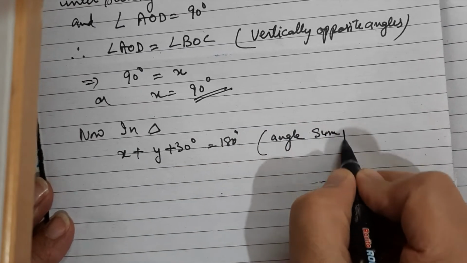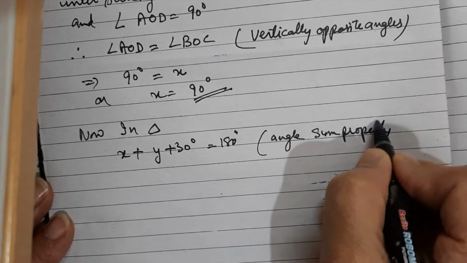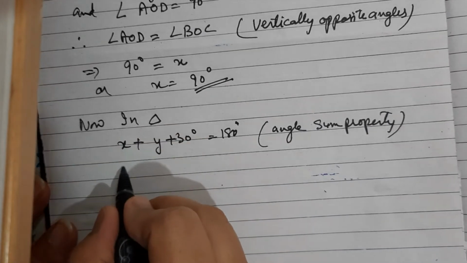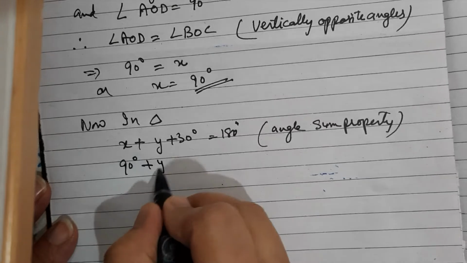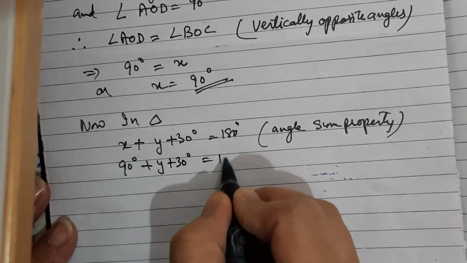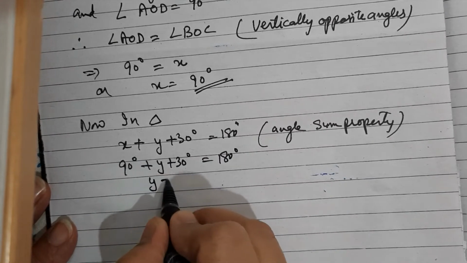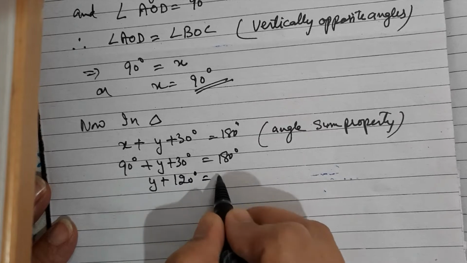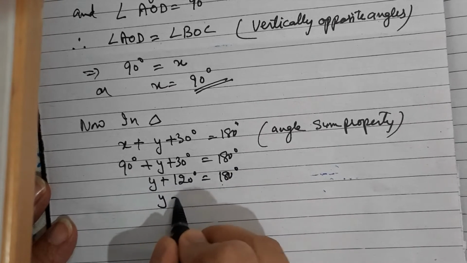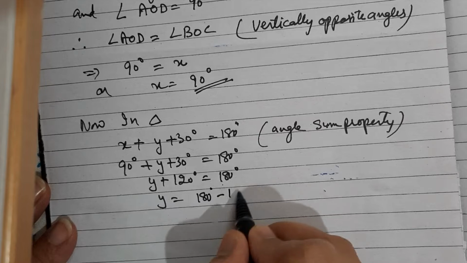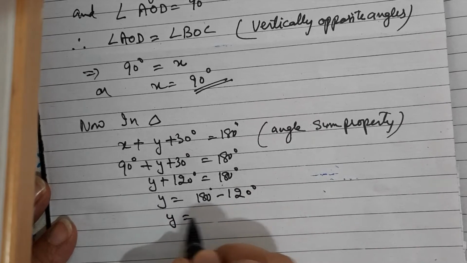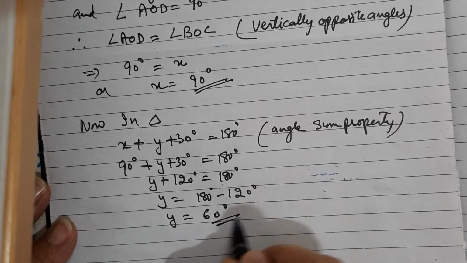Angle sum property. x is 90 degrees, plus y plus 30 degrees is equal to 180 degrees. y plus 120 degrees is equal to 180 degrees. y is equal to 180 degrees minus 120 degrees. y is equal to 60 degrees.